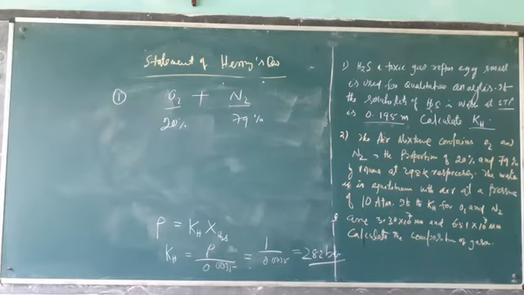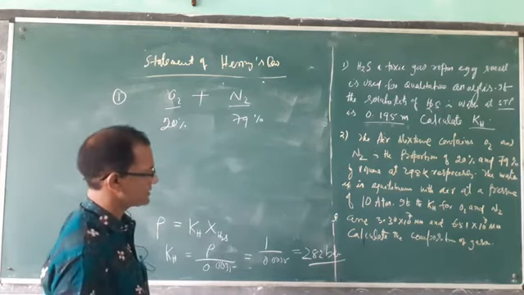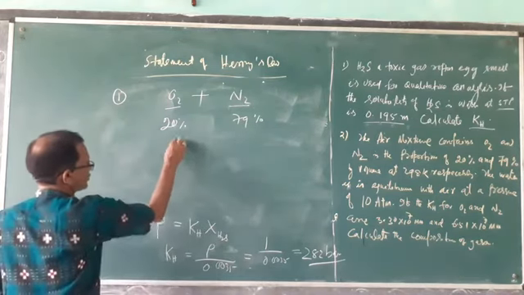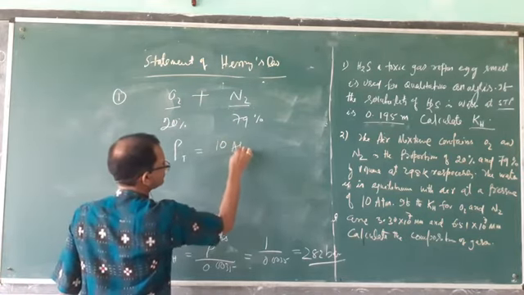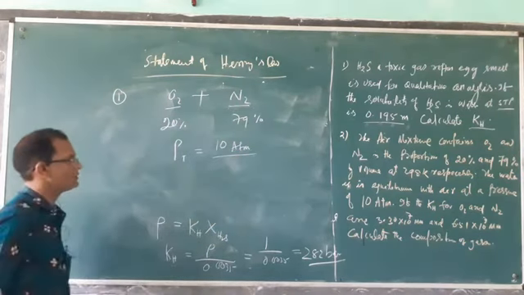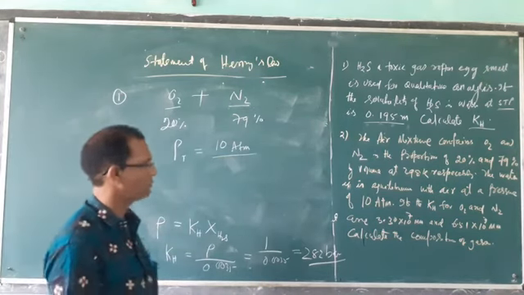The temperature is 298 K. The water is in equilibrium with air at a pressure of 10 atm. So the total pressure is already given as 10 atm, the total pressure of oxygen and nitrogen above the surface of water.